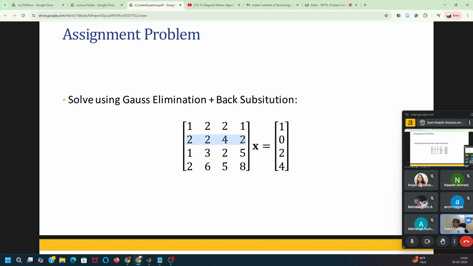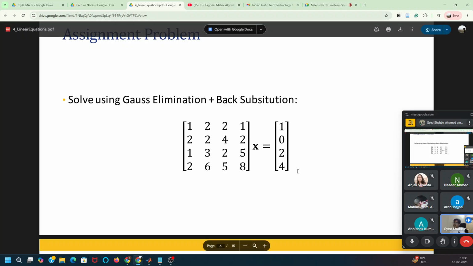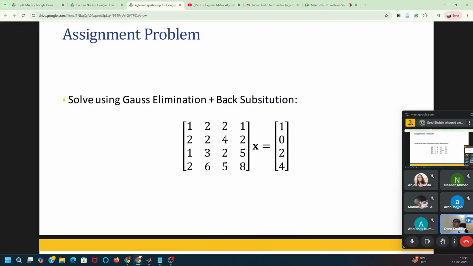Then I'll take this and again I have to make it 6. This second element in the fourth row, I have to make it 0. So for that, I have to take this row and multiply it with something so that it becomes equal to this. I can multiply it with 3, the entire row, and subtract it from here.